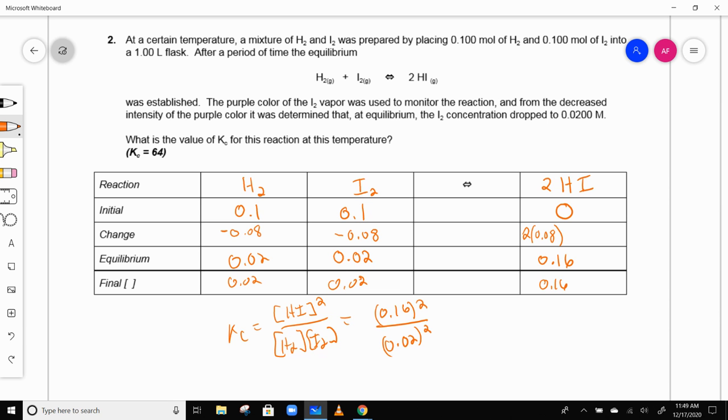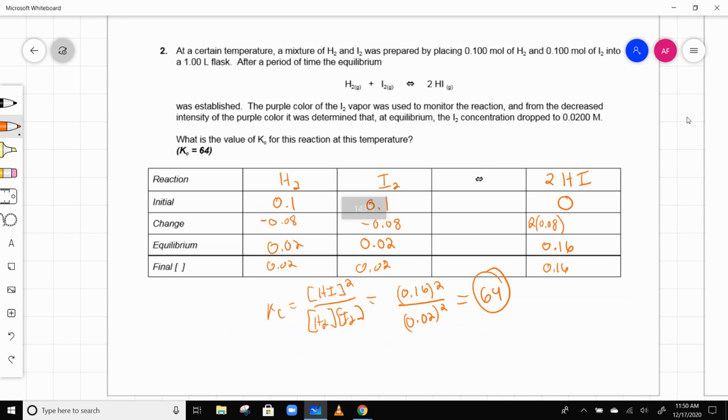And when you do that, we get 64. Just making sure. Okay, so that's basically number 2 there. And again, that was the same one from the work yesterday.